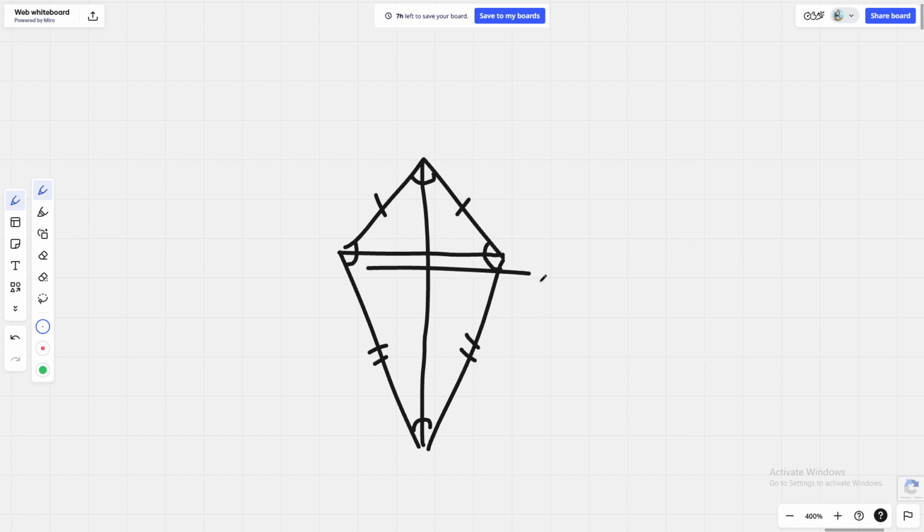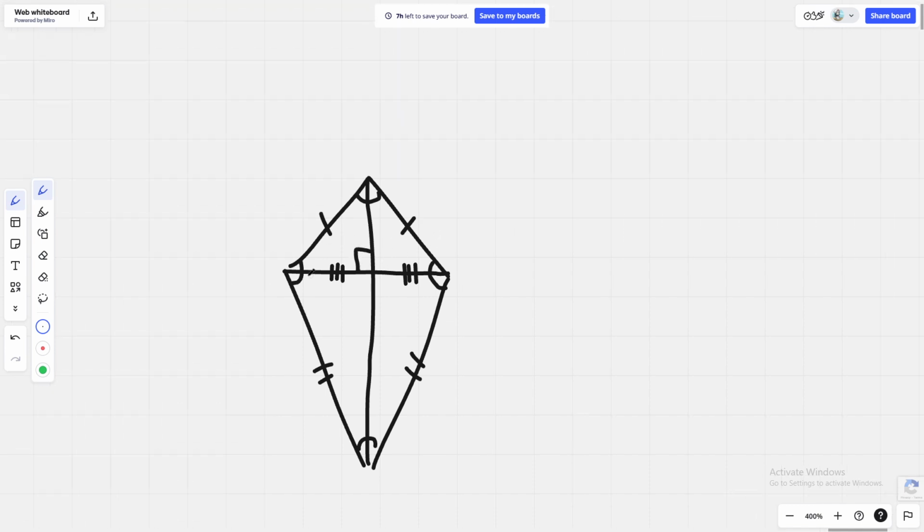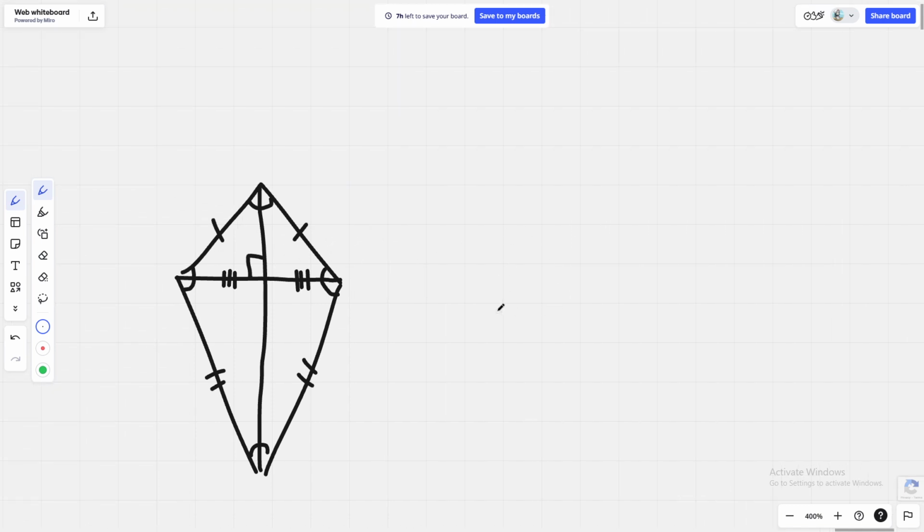So the horizontal one here is bisected, so this length is equal to this length. We also have that the diagonals are perpendicular. So let's have examples now.